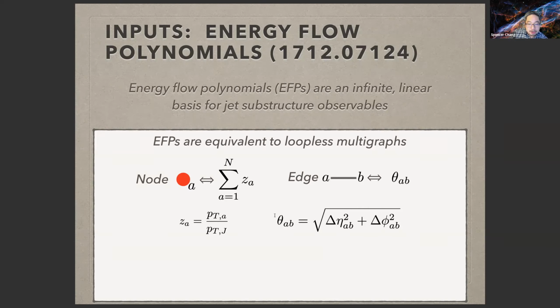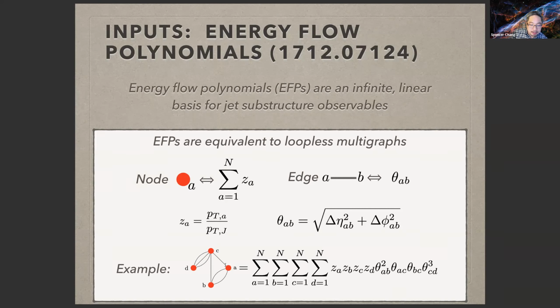This is the correspondence. If you gave me a graph, this is a complicated one, but just to illustrate the point, here are nodes A, B, C, and D. There are 3 edges between C and D, just 1 between these two, and 2 between A and B. So you have a different sum for each of the constituents A, B, C, and D. Here you just have the momentum fractions of each of those nodes.